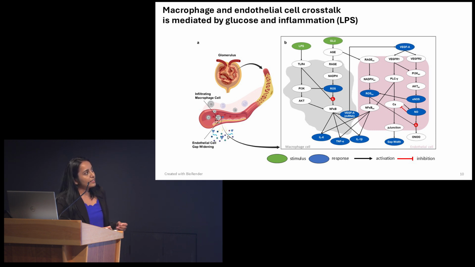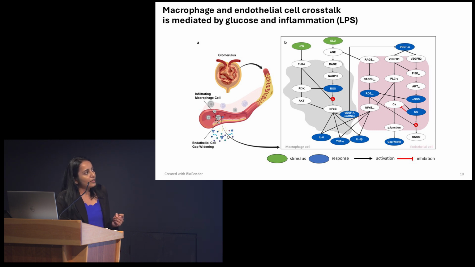We include the activation of inflammatory stimulus, such as LPS in this case, and the downstream response triggered by different cell survival and maintenance pathways within the macrophages, and how it may lead to an overexpression of inflammatory cytokines, as well as oxidative stress, and the expression of vascular endothelial growth factor.